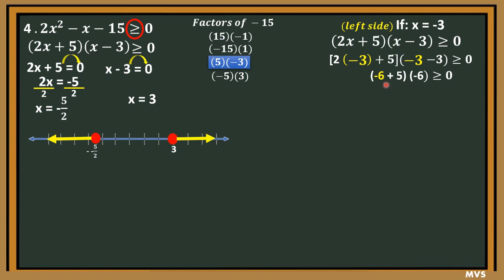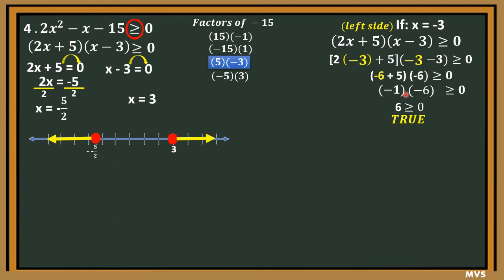And then negative 6 plus 5, that is negative 1. And then we just copy negative 6, greater than or equal to 0. So negative 1 times negative 6, that is positive 6, greater than or equal to 0. Is positive 6 greater than or equal to 0? Yes, that is true. Therefore, left side region is included in the solution set.